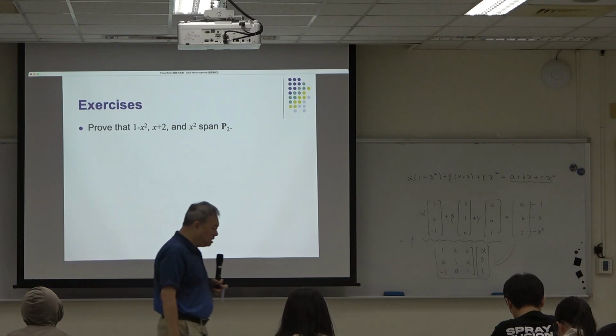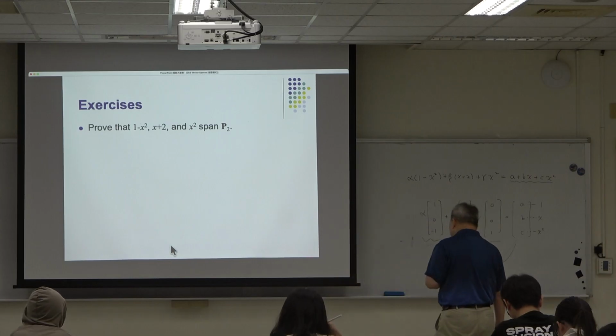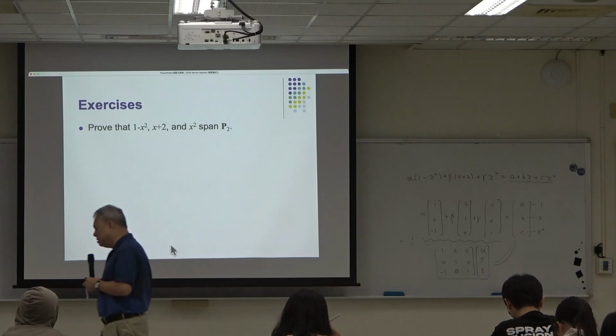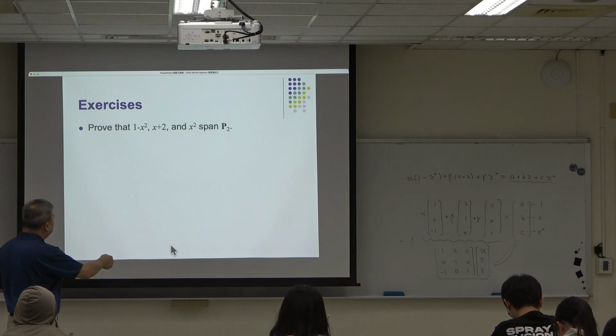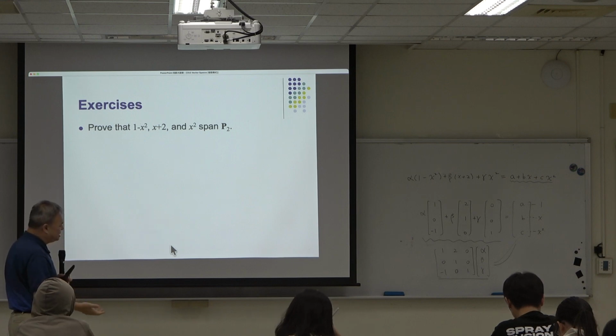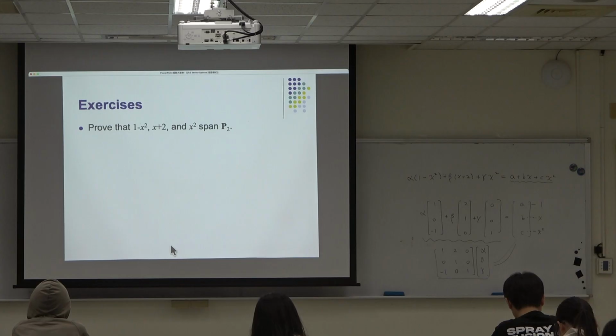A lot of problems, although they do not look like vectors, can be treated as vectors, just like this one, a plus bx plus cx squared. It doesn't look like a vector, but we can treat it like that. Later on we talk about basis, and you will get a better understanding of what we are doing here.